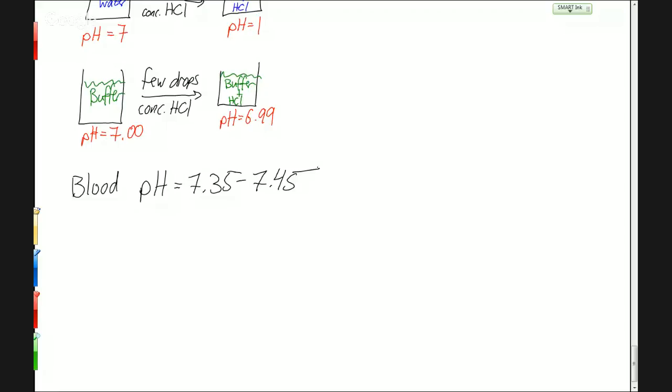It's actually carbon dioxide controls it from breathing. So what happens is carbon dioxide gas from breathing reacts with water, so it dissolves down in your lungs, in your blood. And when carbon dioxide dissolves in water, it forms carbonic acid.